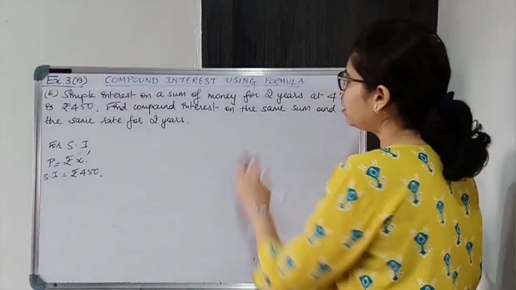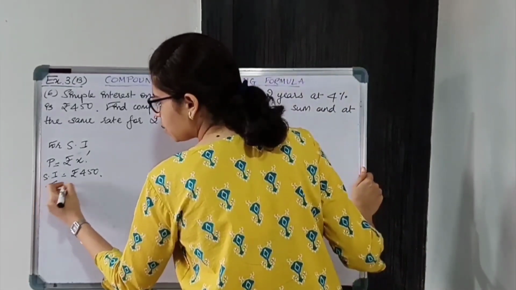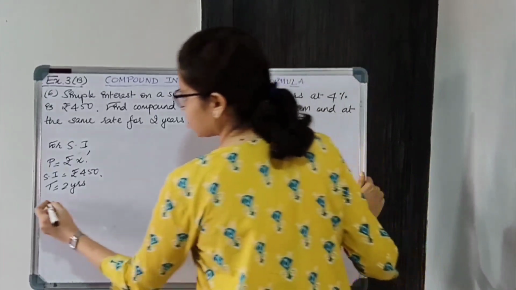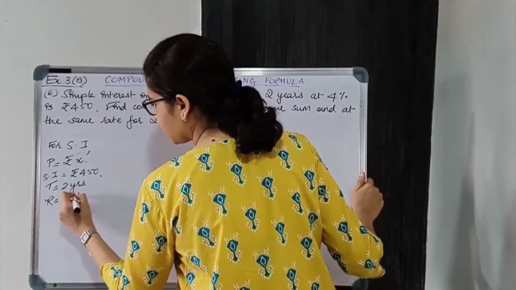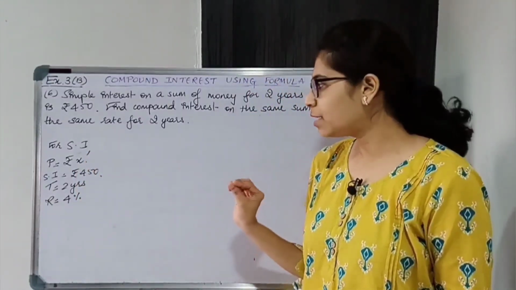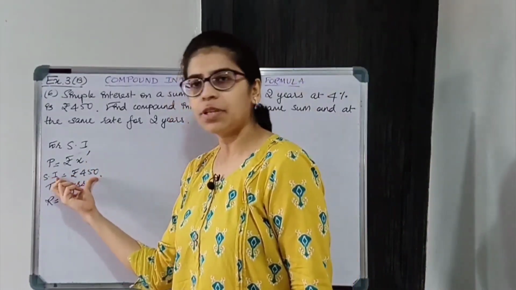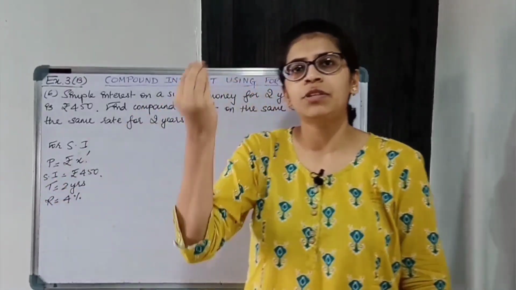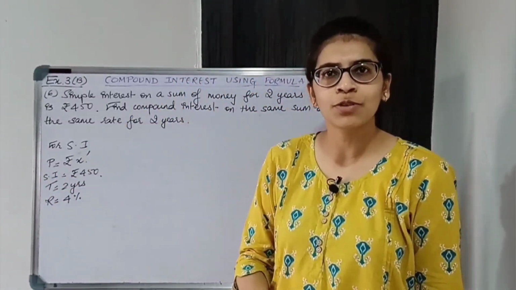Okay, and time period is 2 years and rate of interest is 4%. So we are given all this information. All right, now you are given simple interest, you know rate, you know time period, you can easily find the principal using the formula of simple interest.